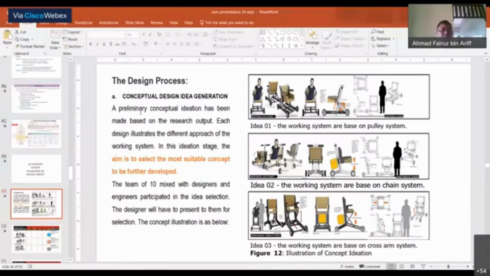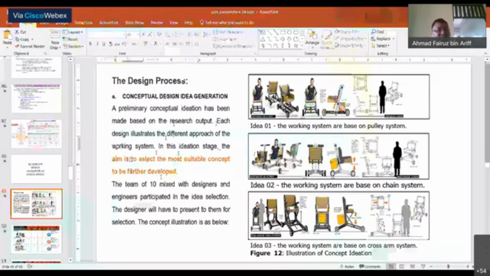Concept design idea generation is a preliminary concept ideation made based on the research output. The research design illustration gives different approaches to the working system. In this design stage, the aim is to select the most suitable concept to be further developed.